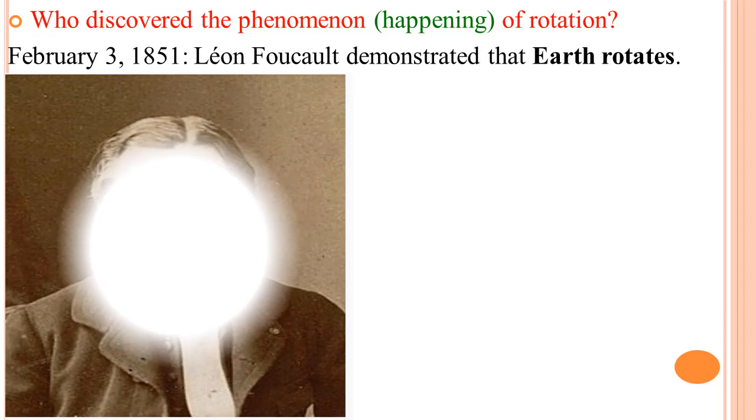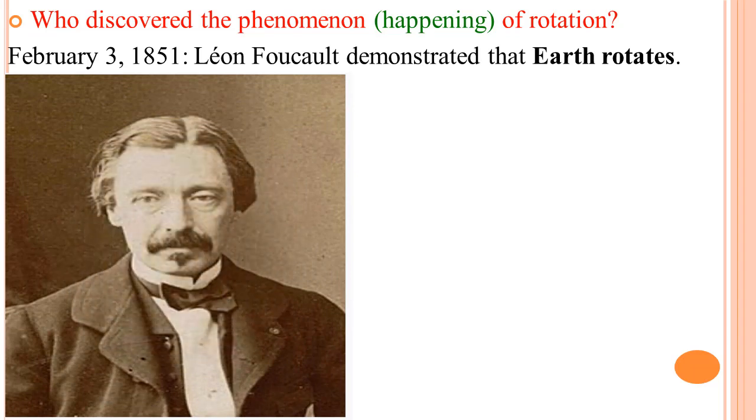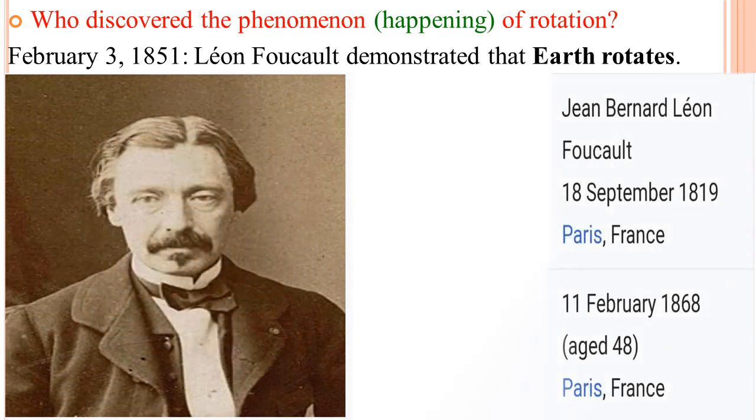There is some further information about the person. His complete name was Jean Bernard Leon Foucault, who was born on 18 September 1819 in Paris, France, and he died on 11 February 1868 at the age of 48 in Paris, France.